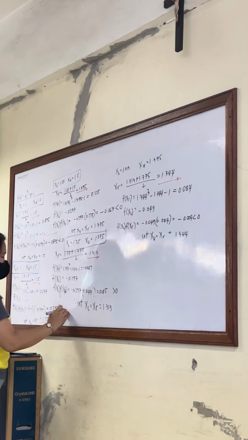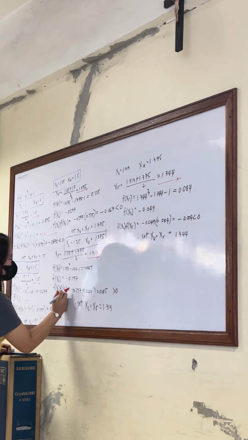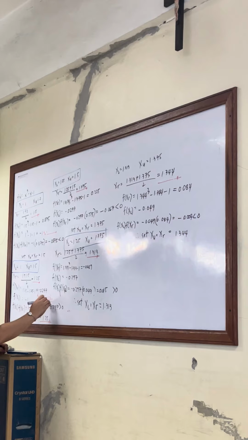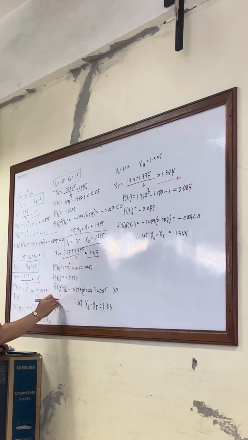Ari na lang. Ari na. Pila? Current approximation, which is the 1.25 minus 1.5 all over 1.25 times 100.